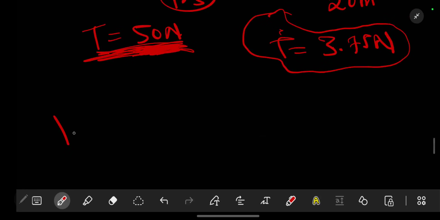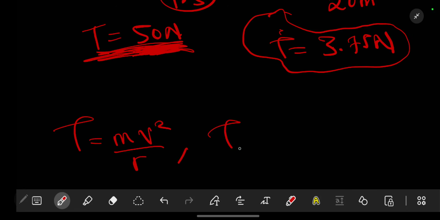So this is how you represent your answer. You say T is equal to mv squared over r. Then our T2, the one with the increased radius, will be equal to mv squared over r.